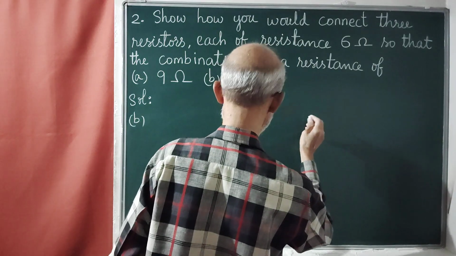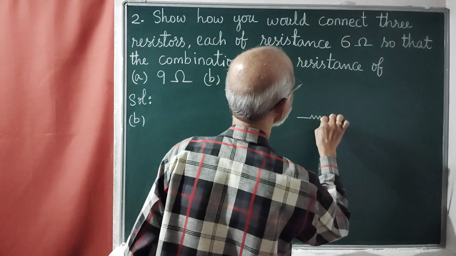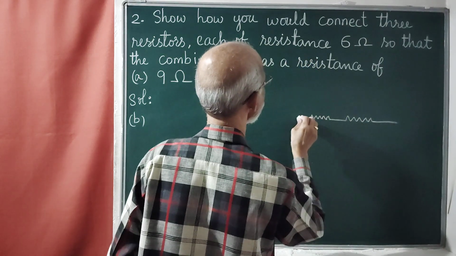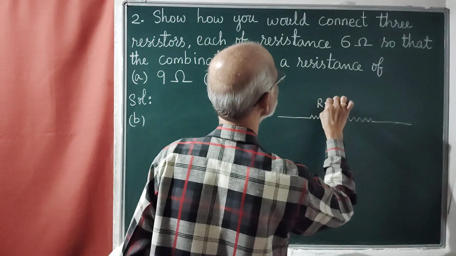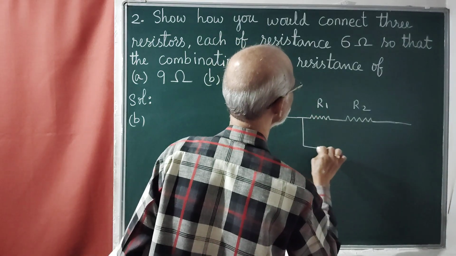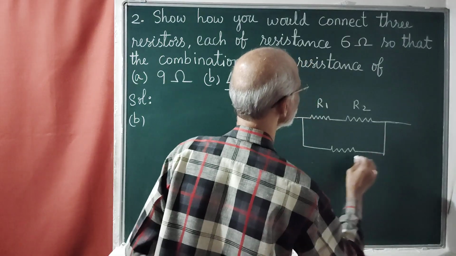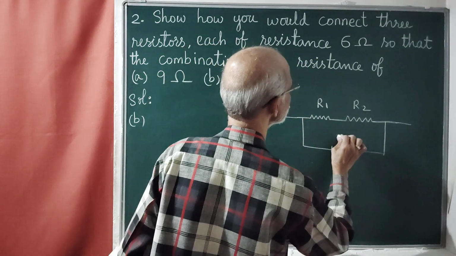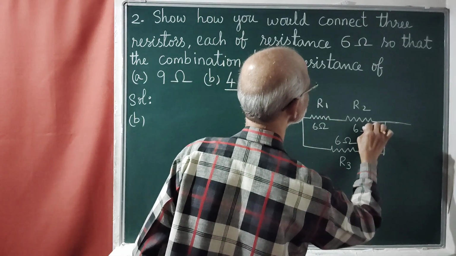So this is R1, R2. Then we'll connect 1 in parallel. This is R3. 6 ohms, 6 ohms and 6 ohms.